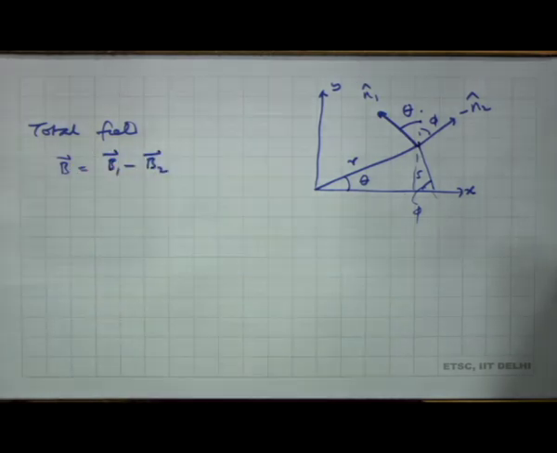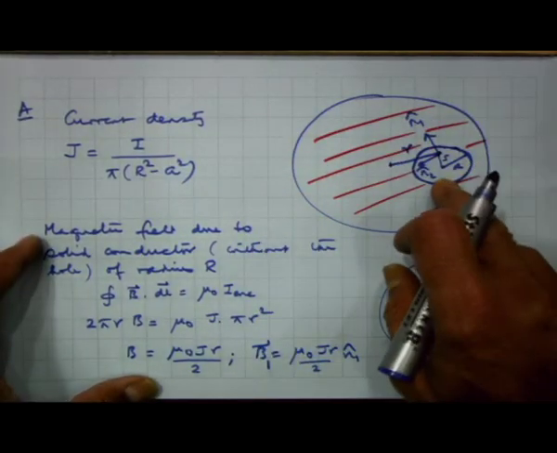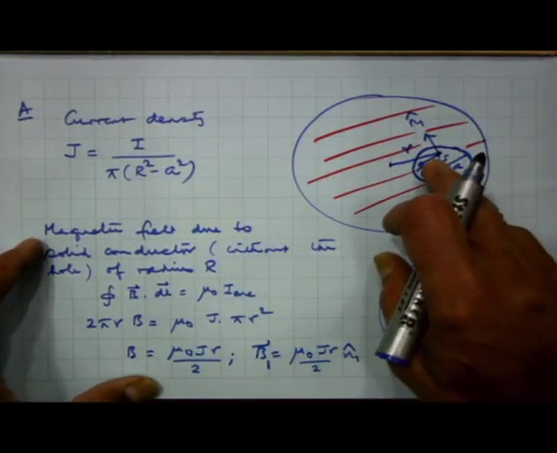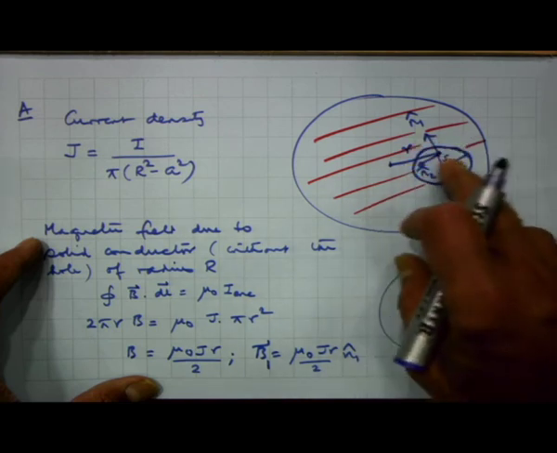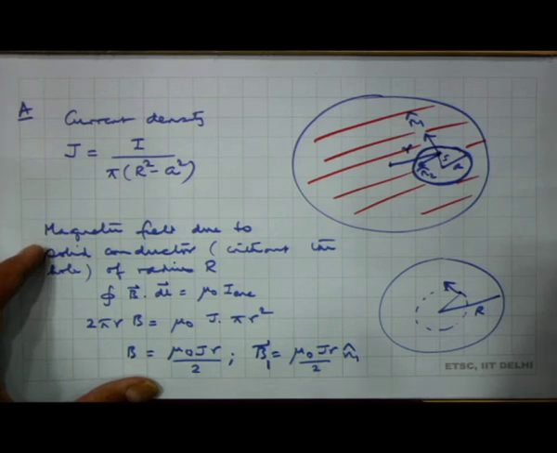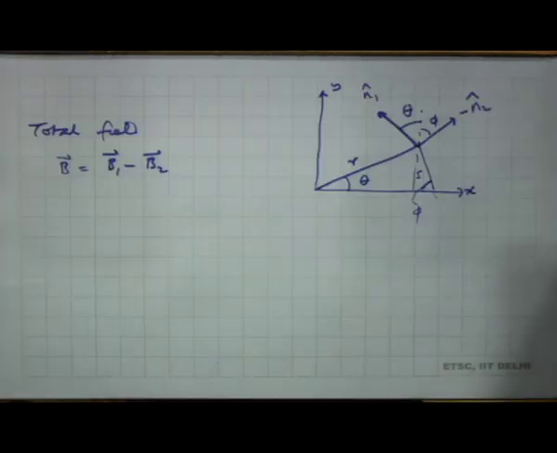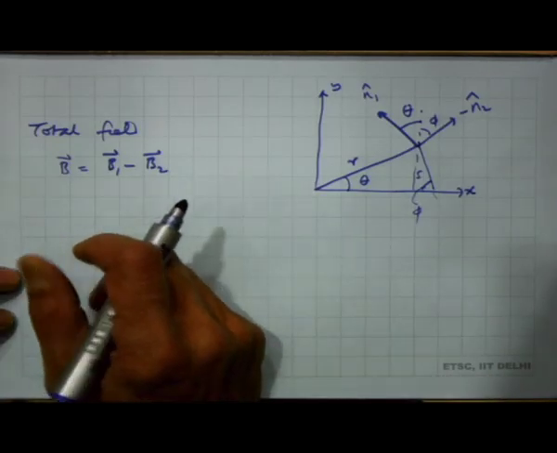Please remember, what I have done is B 1 is the field produced by the thick conductor without the hole, B 2 is the field produced by the smaller conductor here of radius a at the same point. So, if I remove this conductor, I have to remove the component of magnetic field produced by that portion of the conductor, which is B 2. So, B 1 minus B 2 is my magnetic field produced at this point.